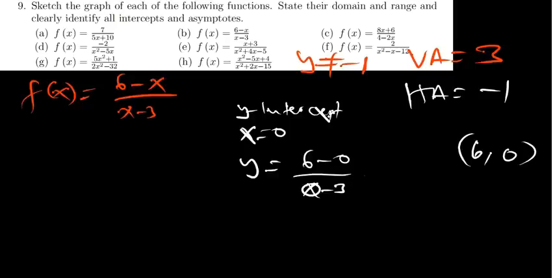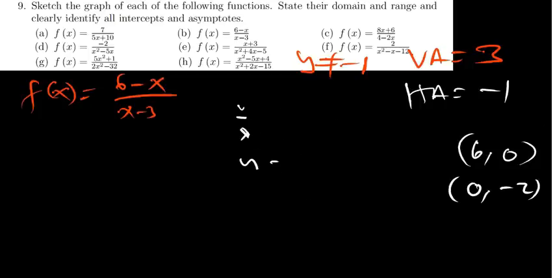So I have my y-intercept to be negative 2. So when x is 0, y is going to be negative 2. Now I can have my graph. So here is going to be my graph.